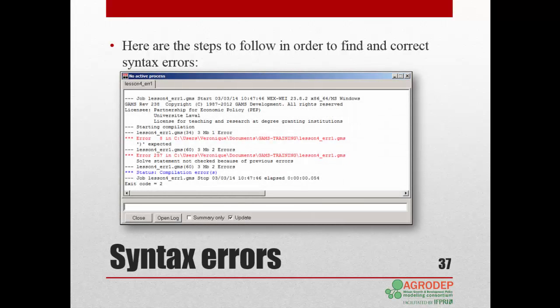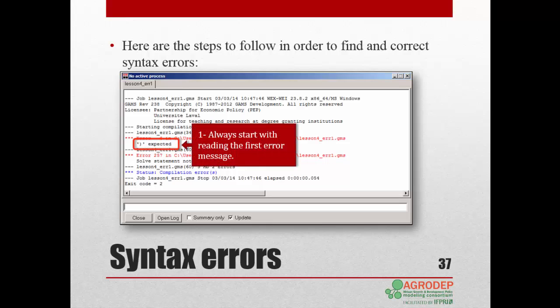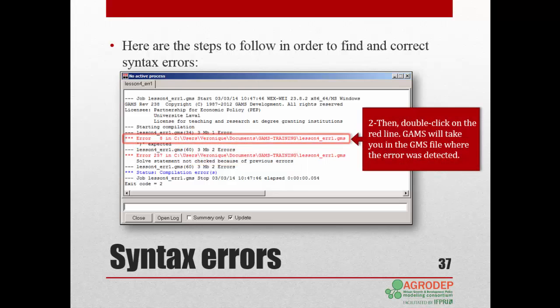Here we present a few steps that will help you in finding and correcting syntax errors. Always start by reading the error message. GAMS can be quite explicit in suggesting possible remedies. Here, it suggests that a closing parenthesis could be missing. Double-click on the red error message. GAMS will take you directly to the GAMS file where the error occurred.